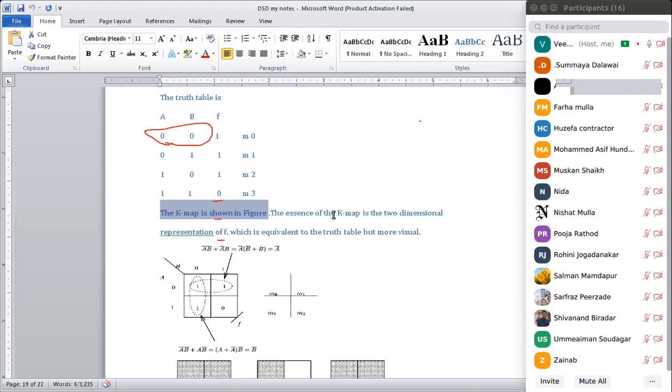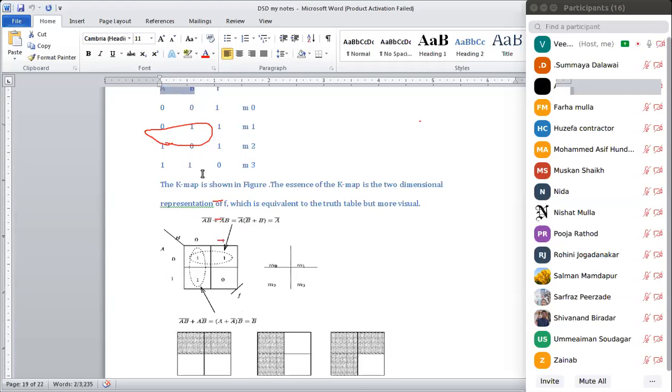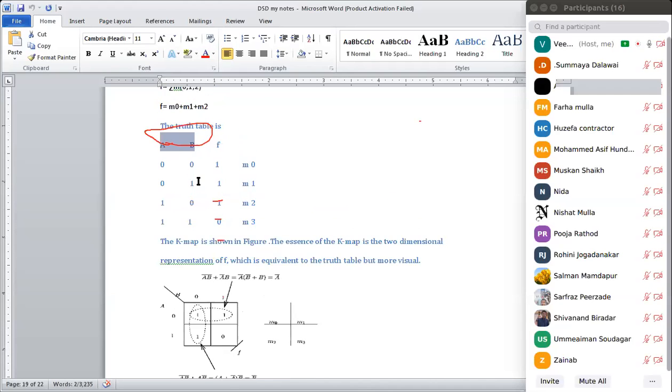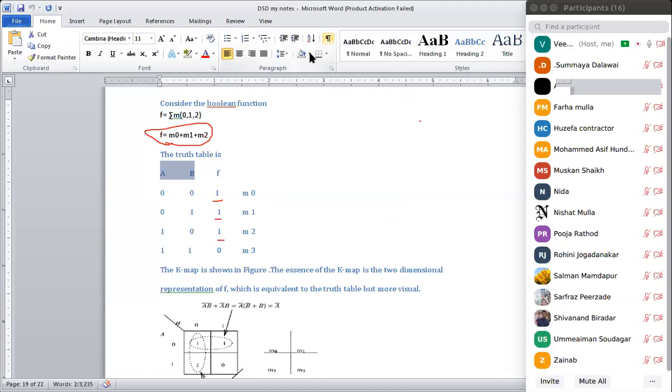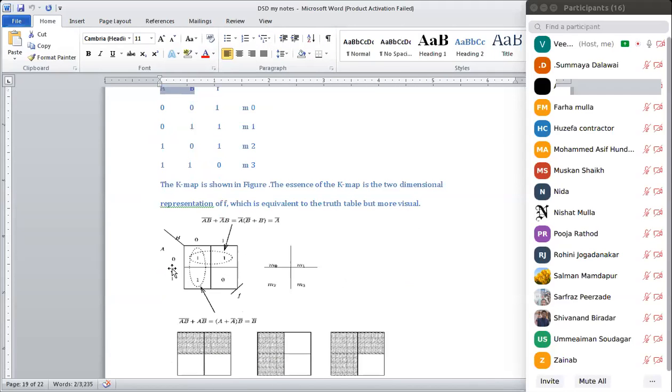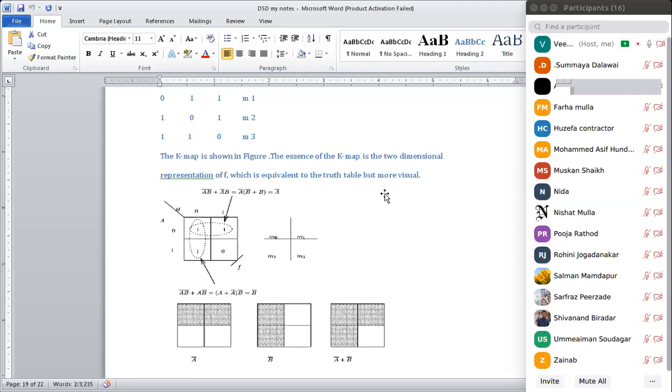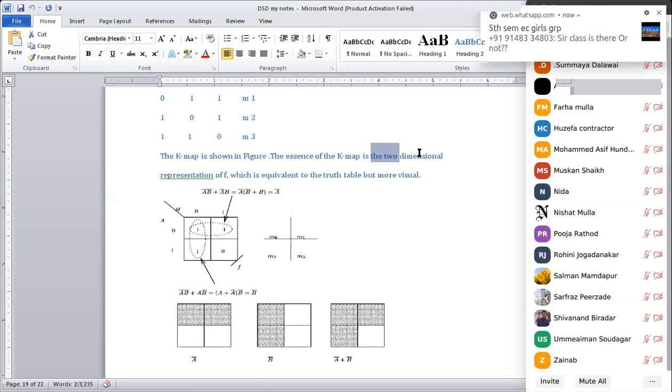The essence of the K-map is that it is a two-dimensional representation, with two variables here. How many inputs? Two inputs. So here we will take a two-variable representation of the input.